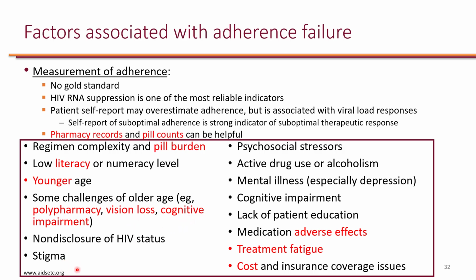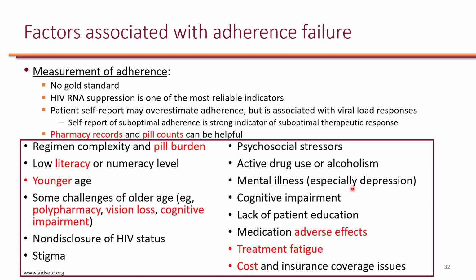Other things include stigma. So some people may not want to have their friends know that they're taking this medication, so they may want to hide it. They may not have the opportunity to take it. Other psychosocial stresses, especially active drug use or alcoholism, can reduce adherence. So if somebody's under the influence, they may not necessarily think, oh my God, it's time for me to take my pills. They may be doing other things and not be aware of it.